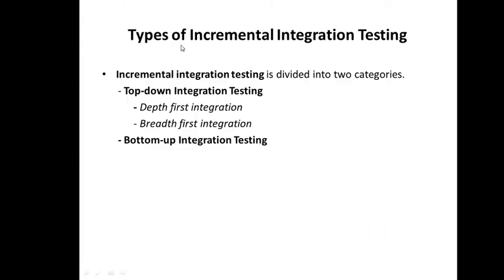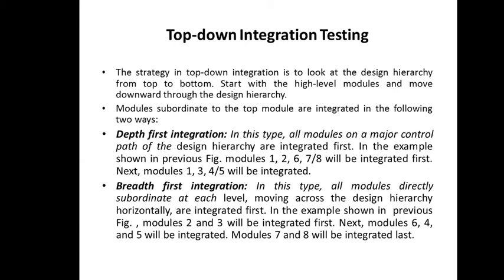Now, coming to the types of incremental integration testing. We further divide incremental into two categories, that is top-down integration and bottom-up integration. In top-down integration, there are two approaches again: either you go for depth-first integration or breadth-first integration. We'll see what these approaches are with the help of an example.